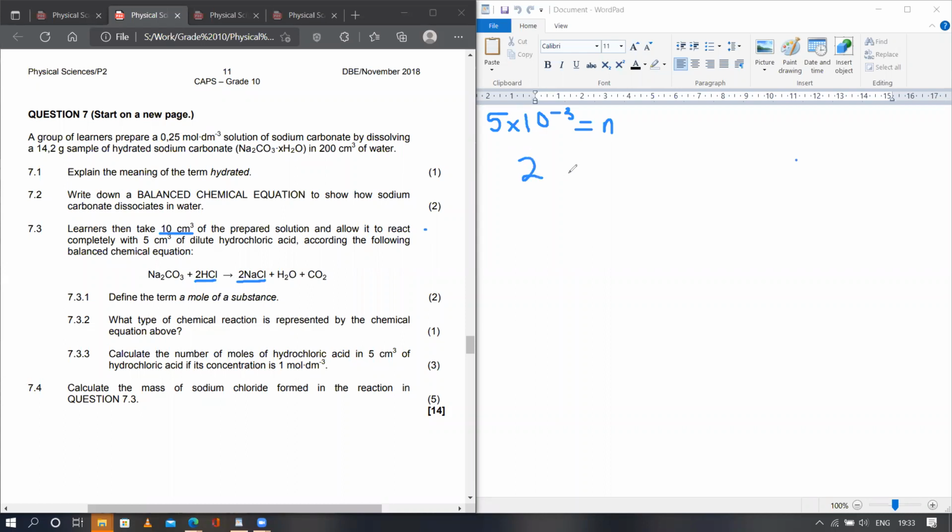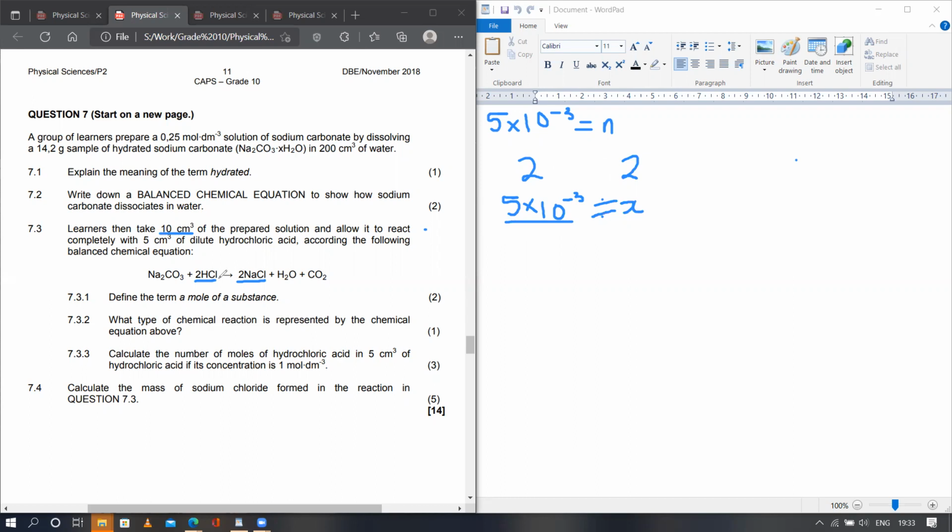So the ratio is 2:2, so it's gonna be 1:1. So the number of moles of sodium chloride is equal to the number of moles of hydrochloric acid that I used.